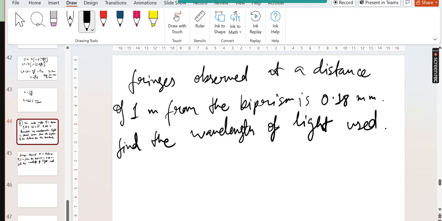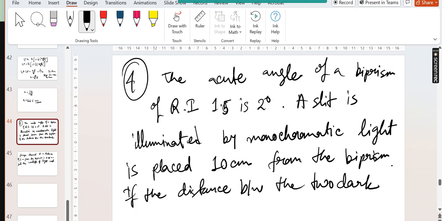Basically, here we have the refractive index of the biprism, and the slit is placed 10 centimeter from the biprism, and the fringes are observed at a distance of 1 meter.